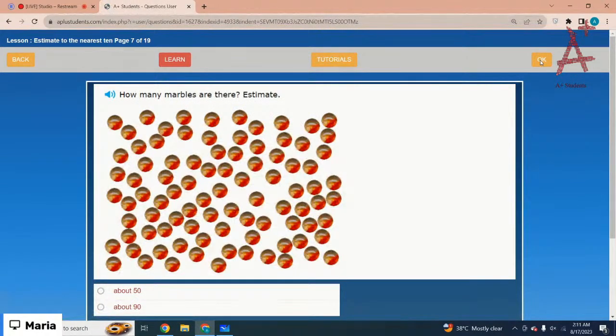How many marbles are there? Estimate. About 50, about 90, which is the correct option?